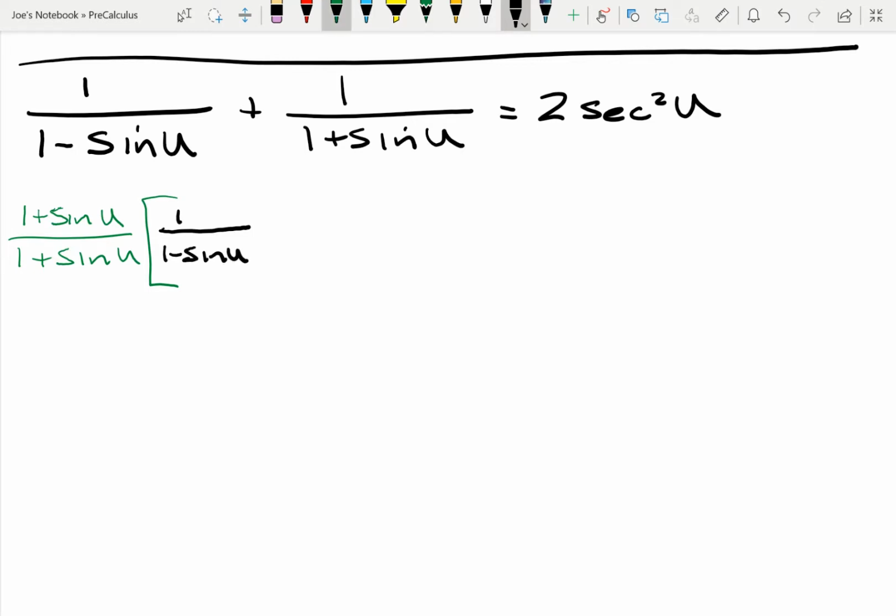Like I say, if you want to do this, you can, but it's not required. It's just assumed. And then I'm going to multiply by the other common denominator factor we need. So this is going to be multiplied by 1 minus sine of u over 1 minus sine of u.